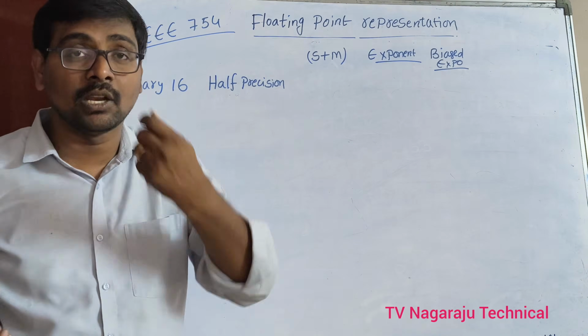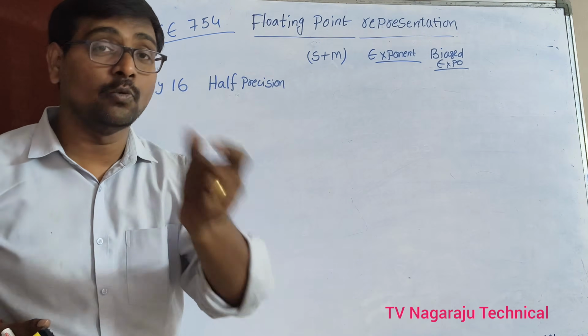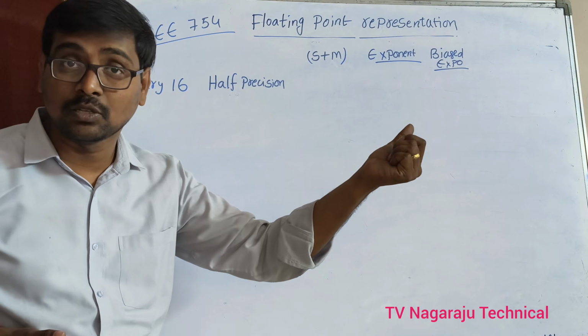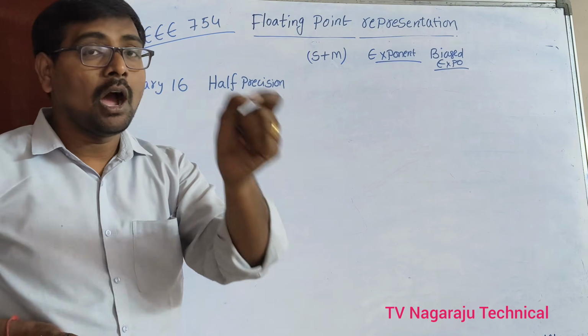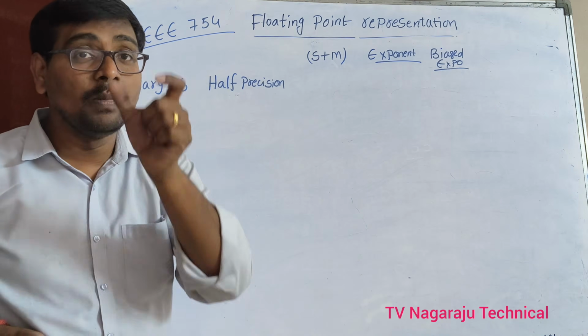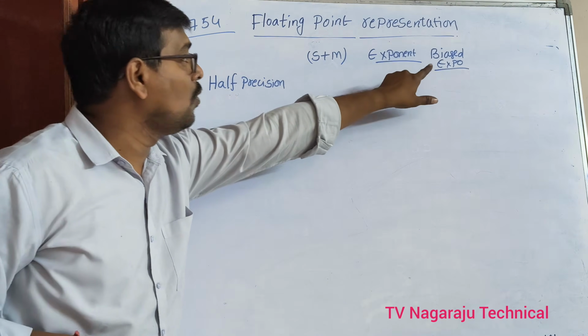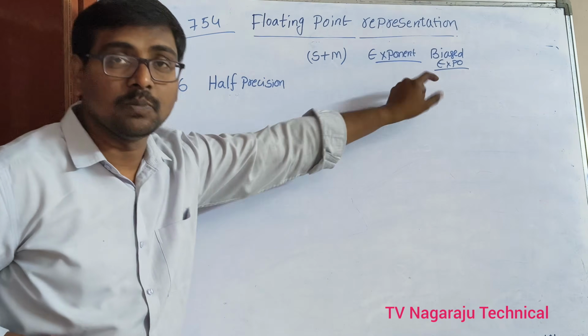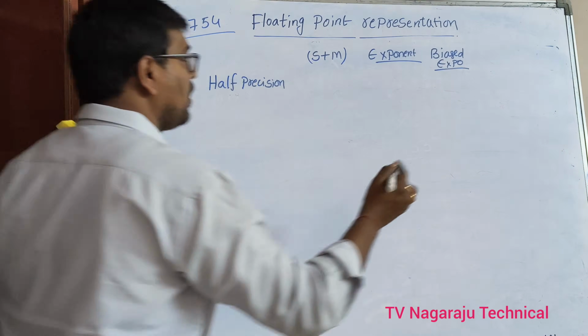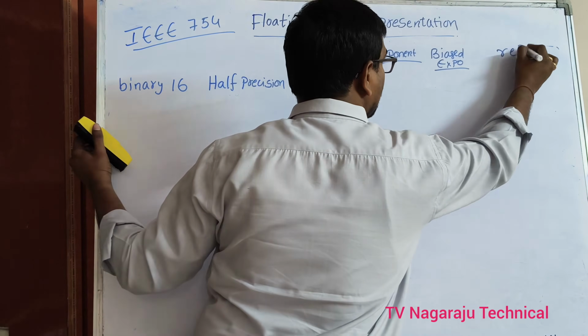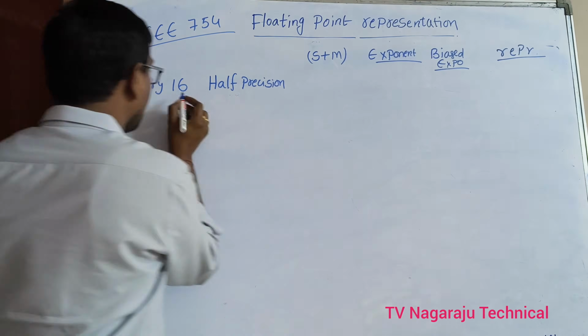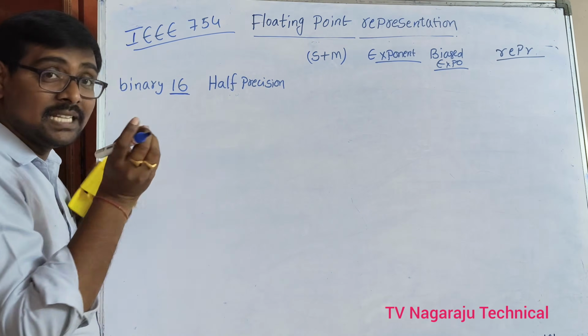That is the reason we do biasing. We discussed biasing in the last session, but how we add the bias and how many bits we add, we did not discuss. Now we will see how the bias bits are added, and finally the representation we follow. Now, binary 16.